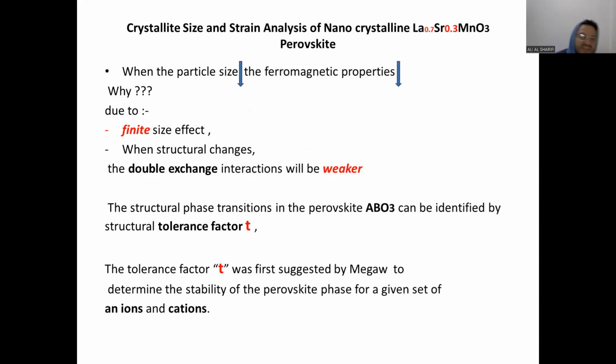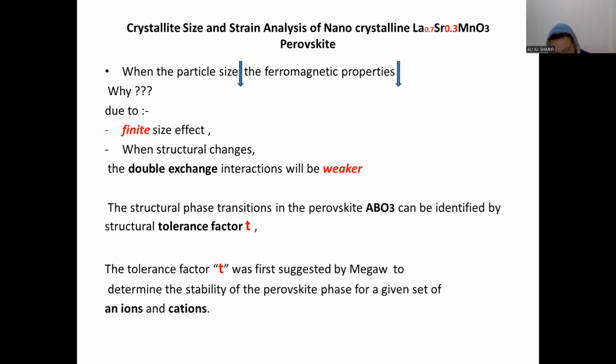Now, let's say when the particle size decreases, will the ferromagnetism increase or decrease? Actually, the ferromagnetic properties will decrease by decreasing the particle size. Why?